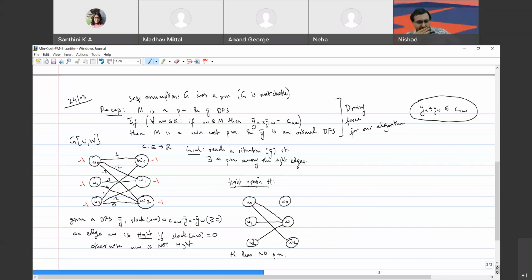Now, is there a systematic way to find a better dual feasible solution? Let me just write down the question and then let's discuss it.